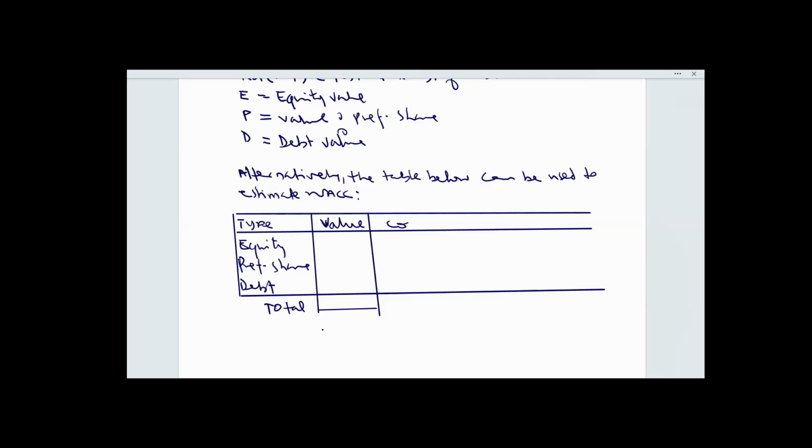Then the cost of individual capital that you have computed: cost of equity, cost of preference share, and then cost of debt.